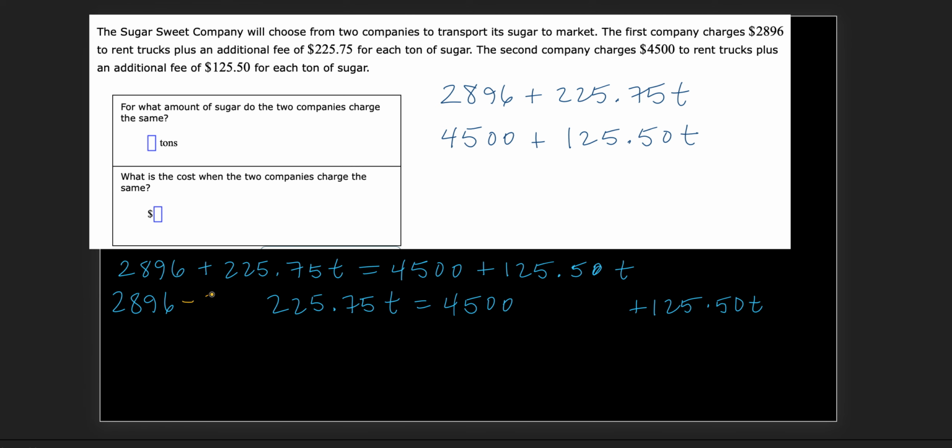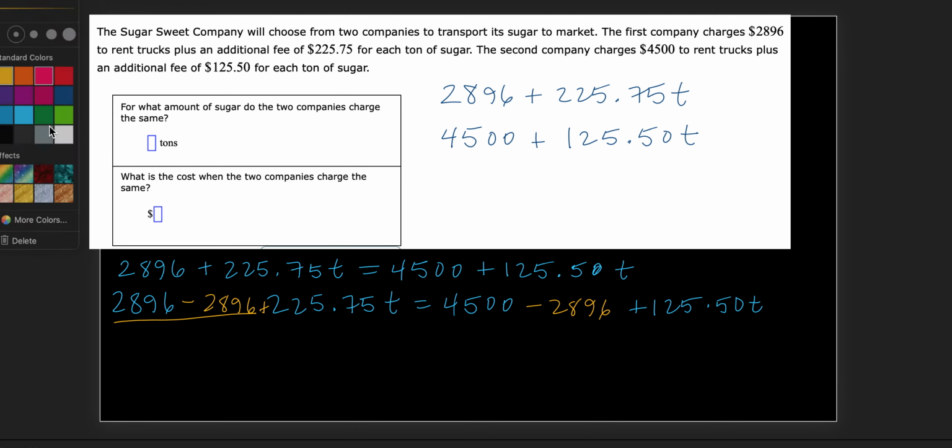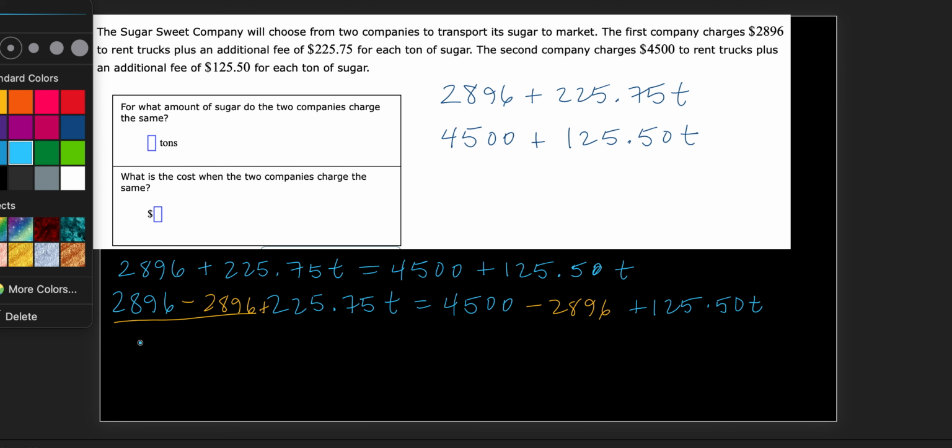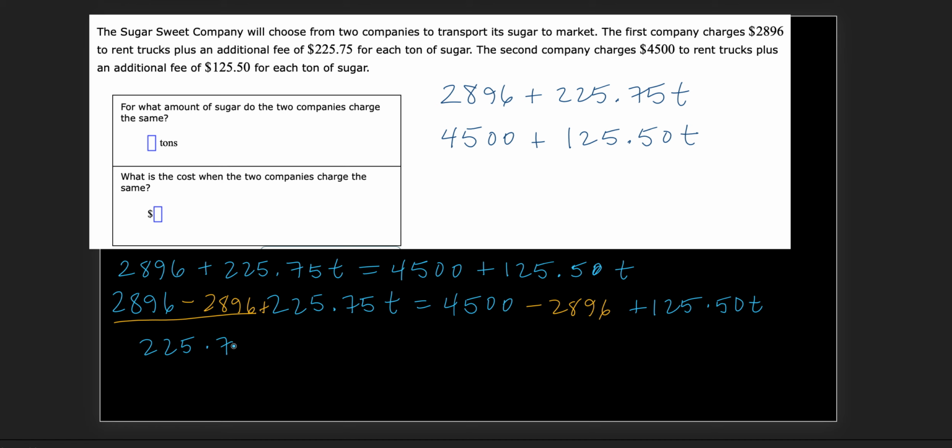And so I'm going to subtract, this should be plus in here, this 2896 from both sides. 2896 minus 2896 is that 0 that we need to keep that other number by itself. 225.75t equals, use a calculator, 4,500 minus 2896 is 1604, plus 125.50t.